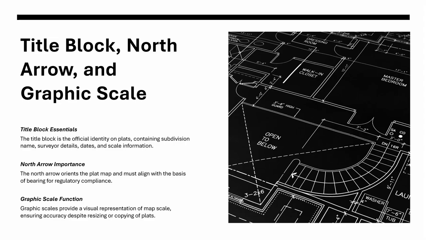The firm name and registration number, which is also required when the survey is performed under a firm license. Date of preparation and revision blocks, ensuring the record is traceable throughout its life cycle. Scale and sheet numbers for multi-sheet plats, and these help prevent confusion in our records. And lastly, the vicinity map inset, required in many counties to show the plat's location relative to major roads.